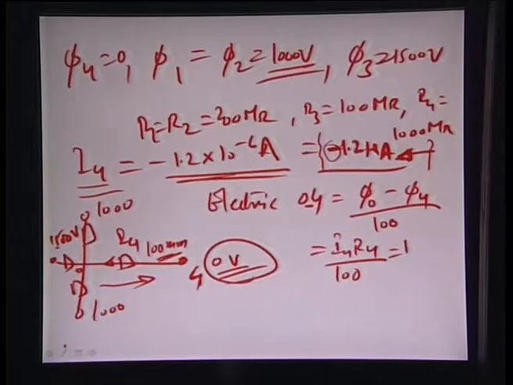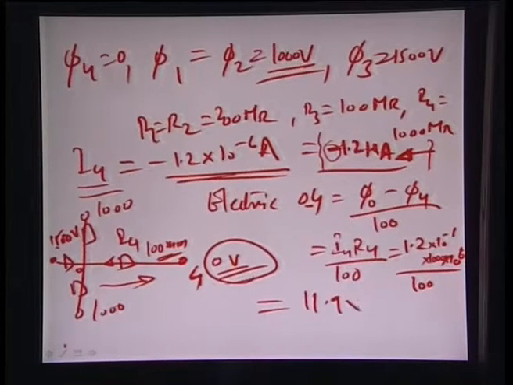So I4 we know is about 1.2 times 10 to the power minus 6 amps. Resistance R4 is about 1000 megaohms, so you have 1000 times 10 to the power 6. And you have the distance as about 100 millimeters, and therefore if you reconvert all this and calculate, it comes out to be 11.9 times 10 to the power of 3 volts per meter.